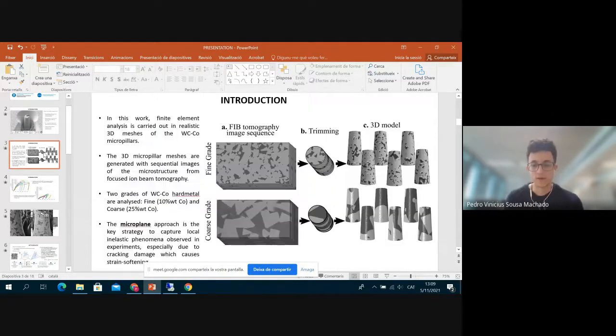Yes, well, the FIB they use just to make the micropillars, and then they compress them with the indenter. That's all. Of course, they could use some of these techniques to see the direction of the grains of the tungsten, especially. But in this case, we don't have this information.